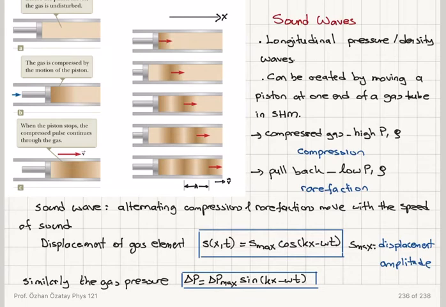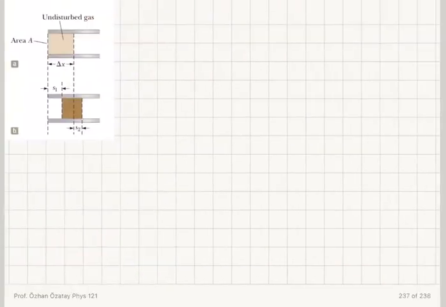So we can describe the sound wave equivalently by looking at the displacement of the gas molecules, s max times cosine(kx minus omega t), or by looking at the change in pressure, where the pressure wave propagates such that delta P is delta P max sine(kx minus omega t). So they seem to be out of phase.